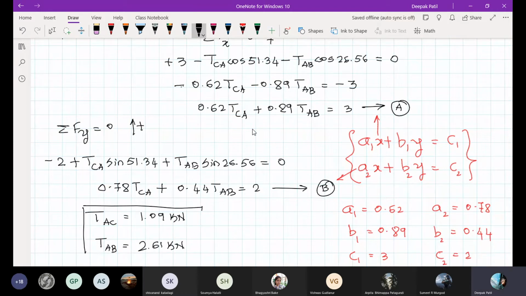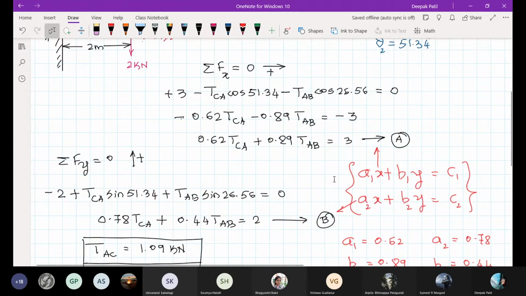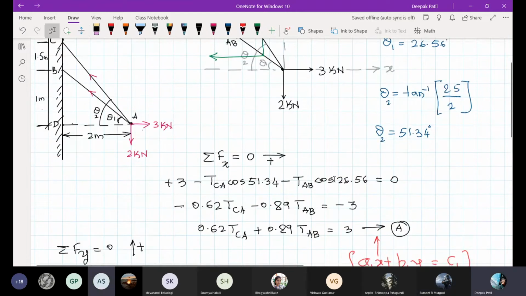Are you clear, students? I'm sure you don't know how I did this, but till these equations A and B, are you clear? Yes, sir.